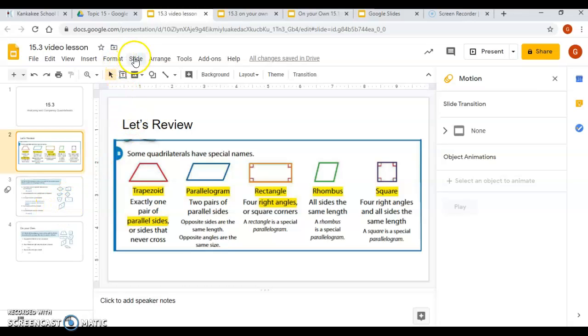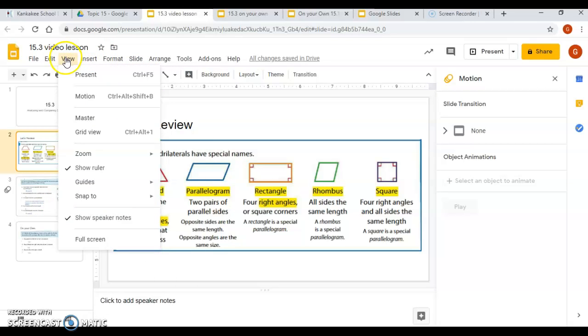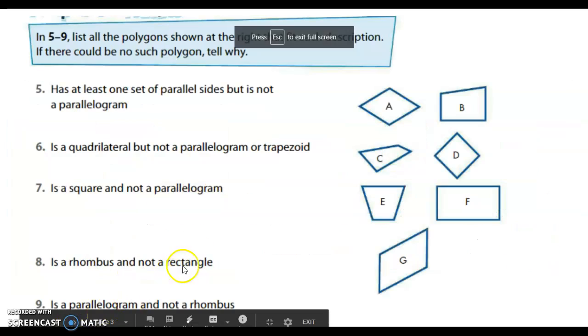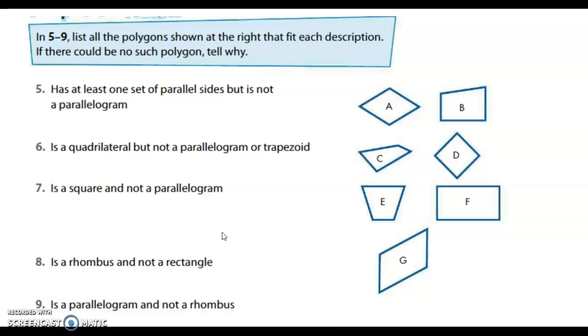All right, so let's look at this next slide here. This is similar to what your assignment is going to look at. Here it says in 5 through 9, list all the polygons shown at the right that fit each description. If there could be no such polygon, tell why.